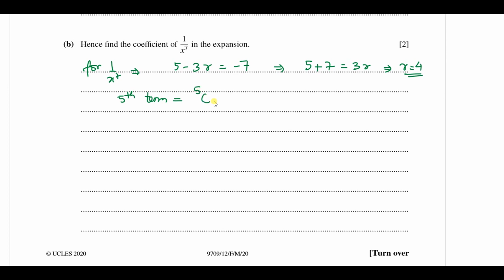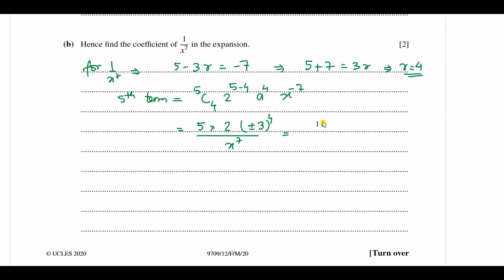The fifth term will be 5Cr, that is 5C4, and it was 2 raised to the power 5 minus 4 and a raised to the power 4 and x to the power minus 7, and hence we can solve it. 5C4 is 5, into 2 raised to the power 1 is 2, and a raised to the power 4, it is plus minus 3 raised to the power 4, over x to the power 7.